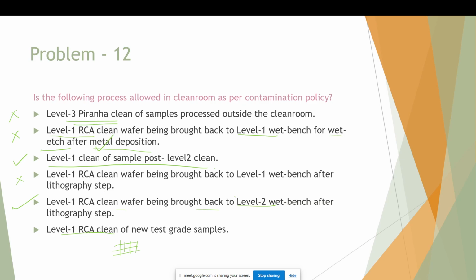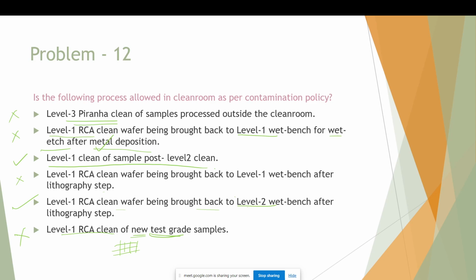Oh, okay. No, new wafers we can in general bring to level 1 RCA. But your answer is correct. We cannot do this because it is test grade. At least in the clean room that we use, we don't put test grade samples in level 1, because test grade are not that pure samples, right? In level 1 we want to maintain the cleanliness for the prime grade wafers.